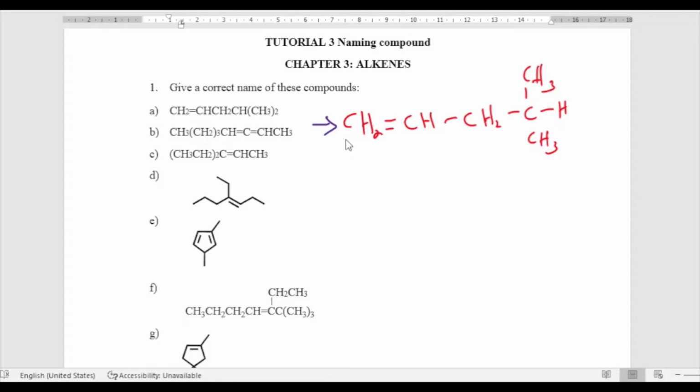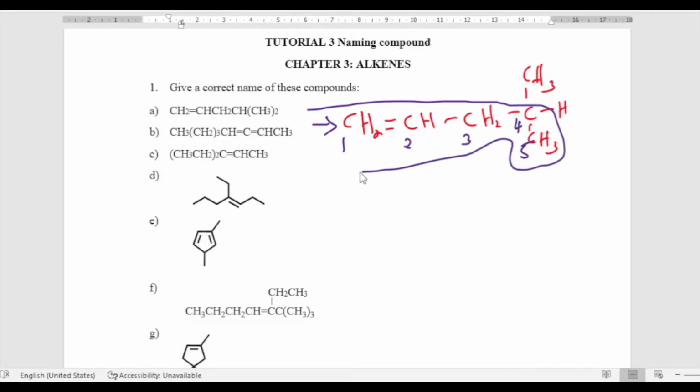So start here: 1, 2, 3, 4, 5. So the longest chain will be like this. If you want to take it as 1, 2, 3, 4 and then this one is 5, that is also possible, because the answer will be the same.